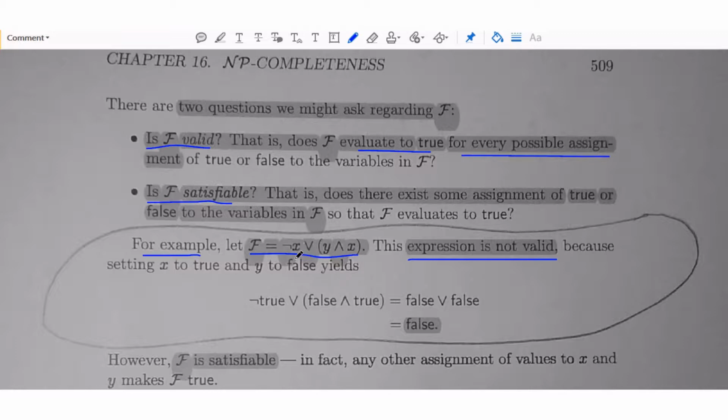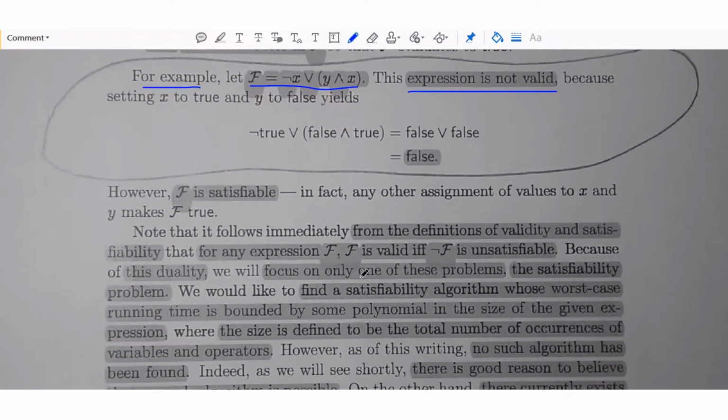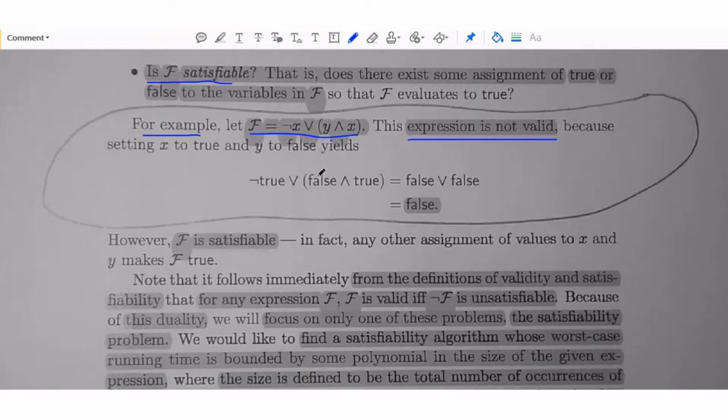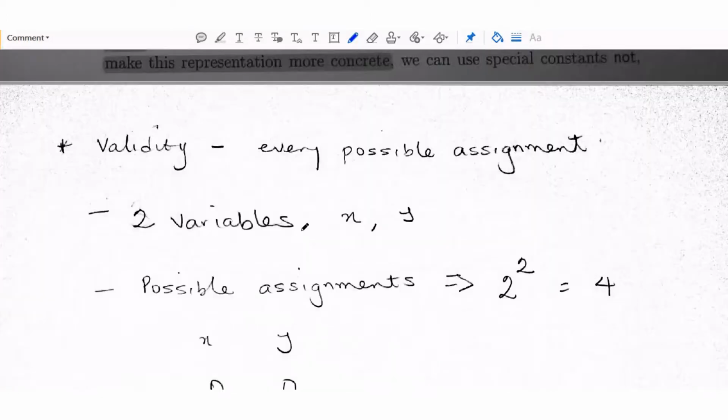So we're going to look at all the possible combinations of x and y and check each one to see whether it evaluates the expression to true. Although in this expression we have three literals, not x, y, and x, we'll just consider the variables, which are x and y.